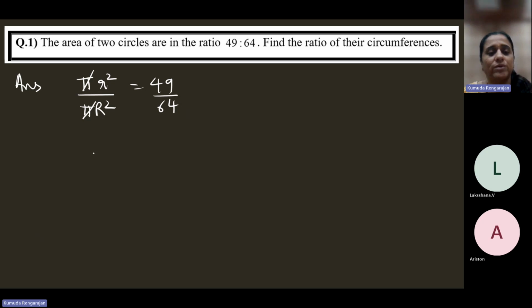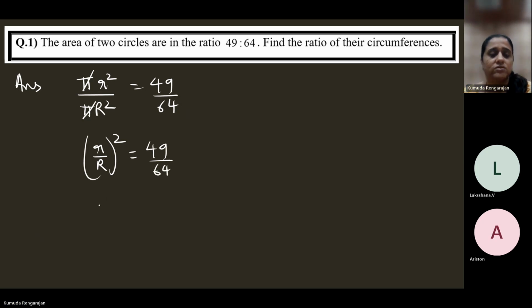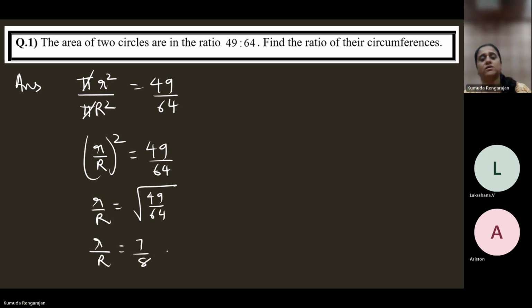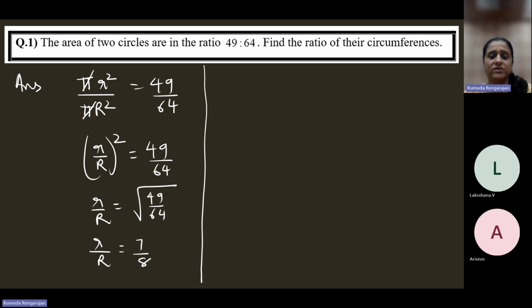So r square by R square can be written as r by R the whole square, is equal to 49 by 64. So r by R is equal to the square root of 49 by 64, which is 7 by 8. So if the ratio of the areas of the two circles is 49 by 64, the ratio of the radii will be 7:8.